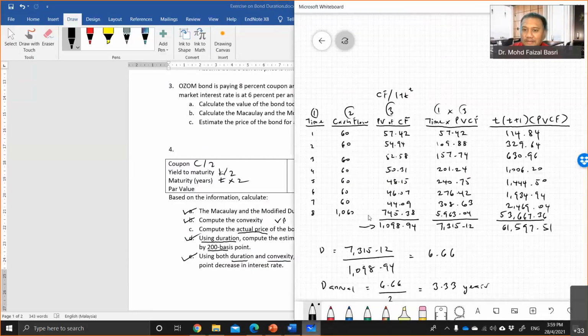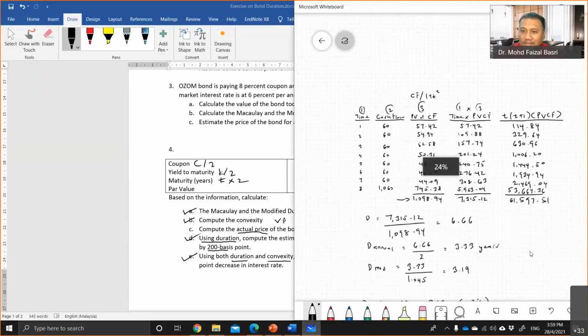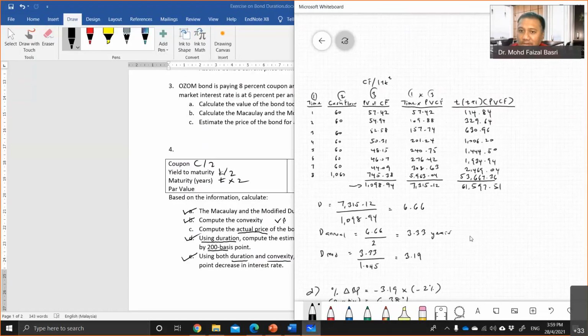So if you look at this, what we did earlier was based on 4.5%, right? So we take 60 divide by 1.045, then we get 57.42. But if you want to use this method to calculate the actual price, then this is based on another PCF, based on adjusted rate.